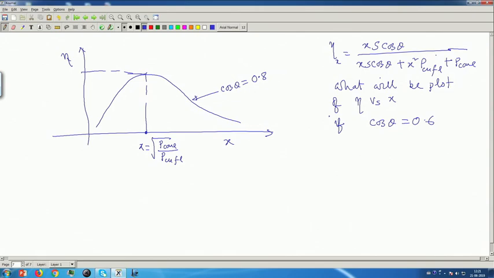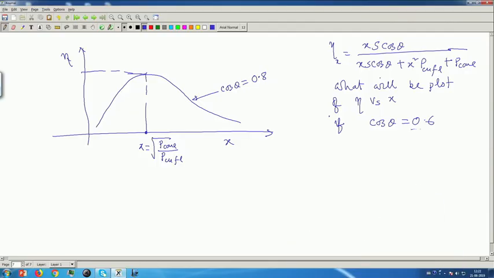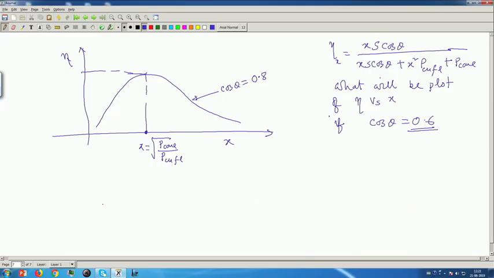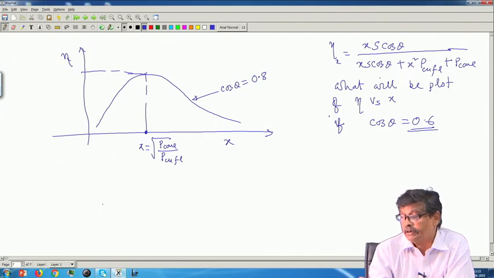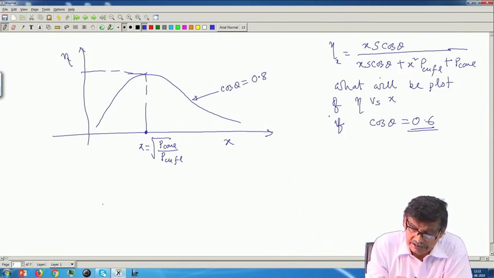Are you getting? Now, what I am telling, okay, for a particular power factor, this is the nature of the curve. First thing is this one, where it will be, suppose I am not yet very clear about that, but about one thing I am clear. If you repeat the same plot with cos theta equal to 0.6, I am sure about one thing, the load at which the maximum efficiency will occur when cos theta equal to 0.6 will once again be this point only.